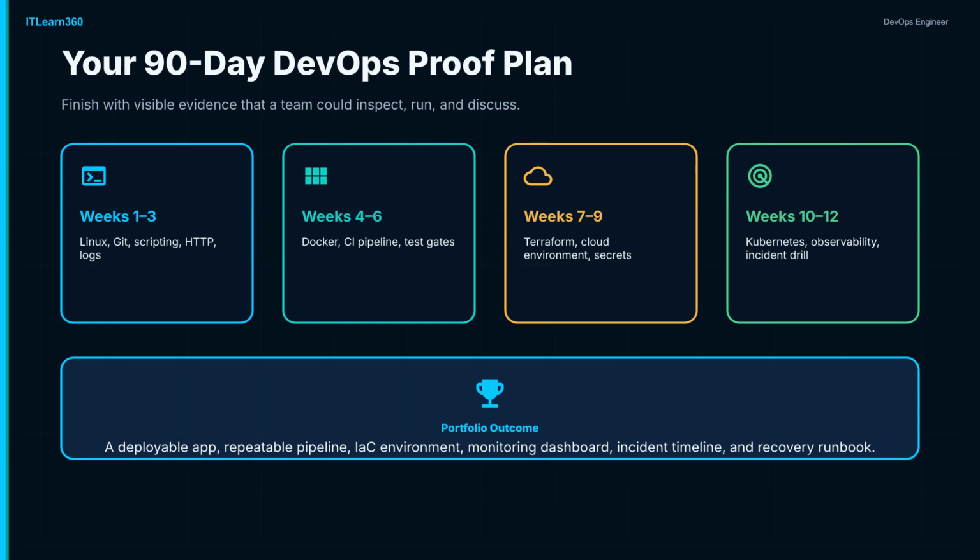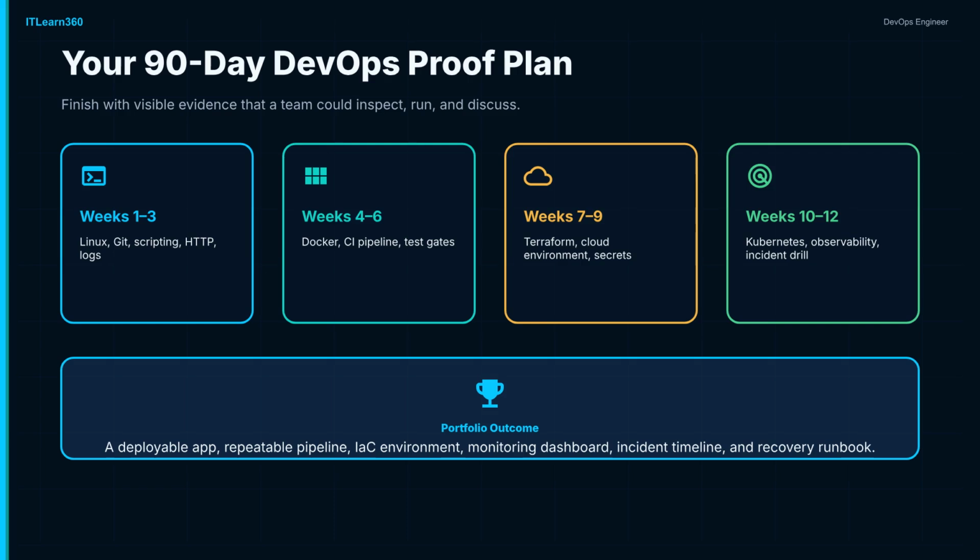Add Terraform, a cloud environment, and safer secret handling. Finish with Kubernetes, observability, and an incident response drill. By the end, the portfolio should contain a deployable application, repeatable pipeline, infrastructure as code environment, monitoring dashboard, incident timeline, and recovery runbook. The value is not the number of days, it is the connected evidence.